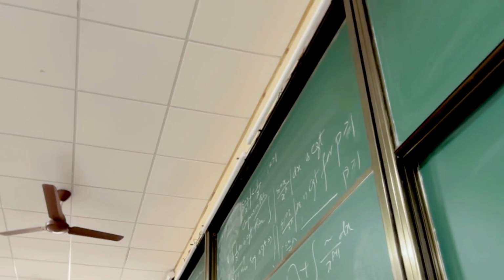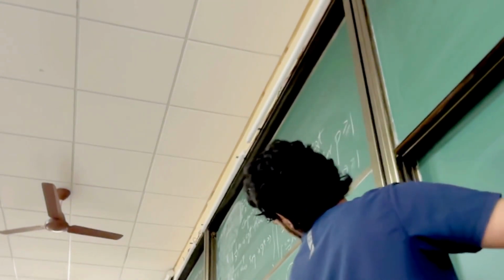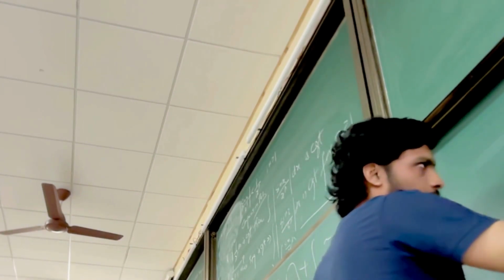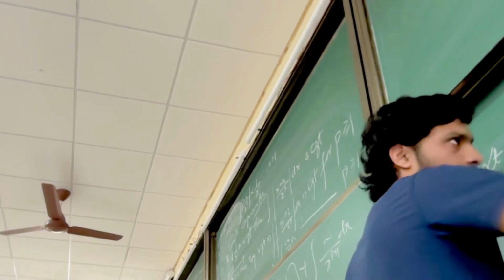What about this? This is cos b upon b raised to power p, limit b tending to infinity, where p is greater than 1.